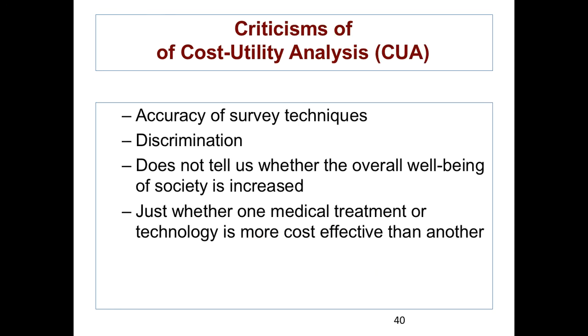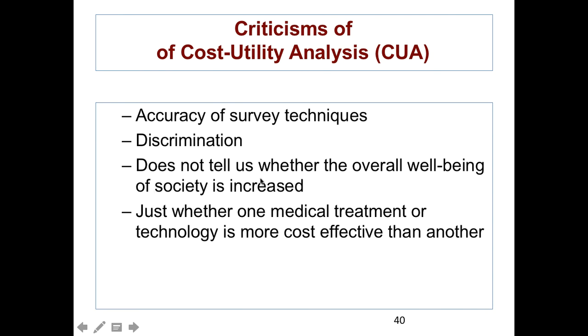Now, a critique of cost utility analysis is that it is a very complicated index. Nobody can understand what it is, meaning people who are not very technical. The discrimination based on whether the person is young or old is another critique of this type of economic evaluation.